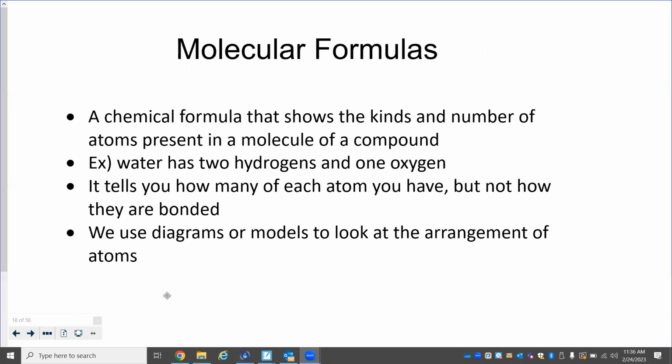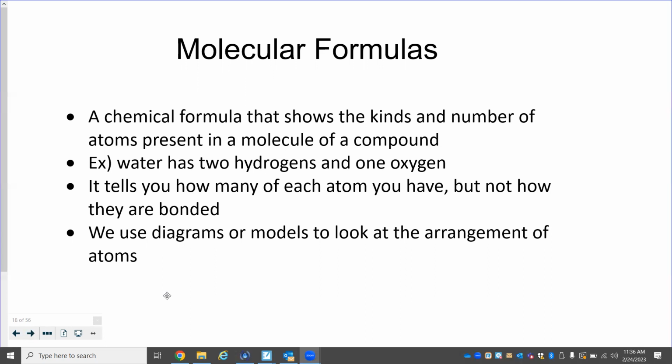So molecular compounds are written out with molecular chemical formulas. The chemical formula shows the kinds and number of atoms present in a molecule of a compound. So the formula tells you which elements are involved and how many atoms of each element you have. For example, water, everyone knows water is H2O.